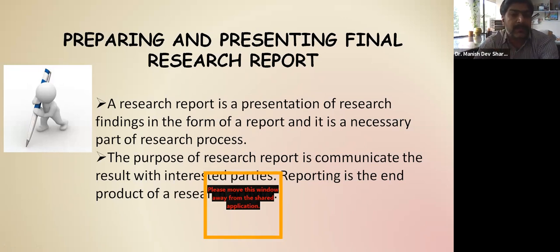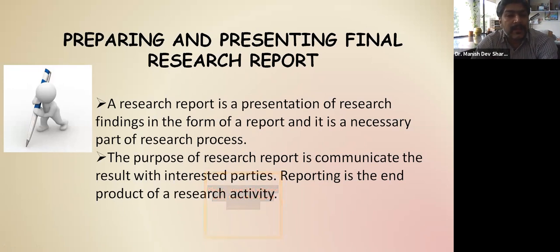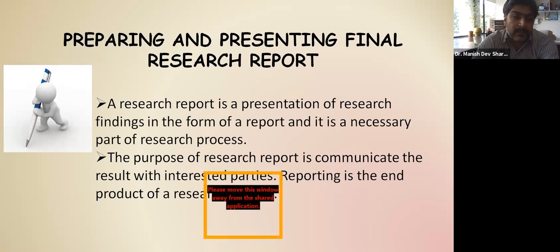So the purpose of this research report is to communicate the result to interested parties. Reporting is the end product of the research activity. Those who are supposed to use your research, those interested parties, must be communicated via this report.